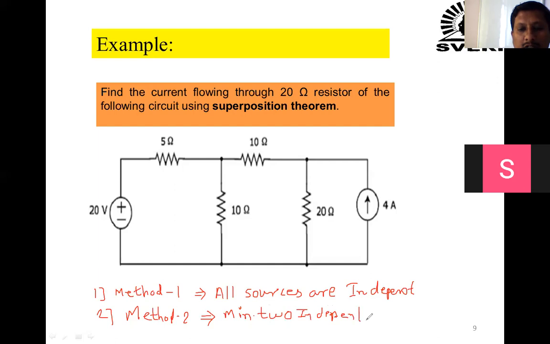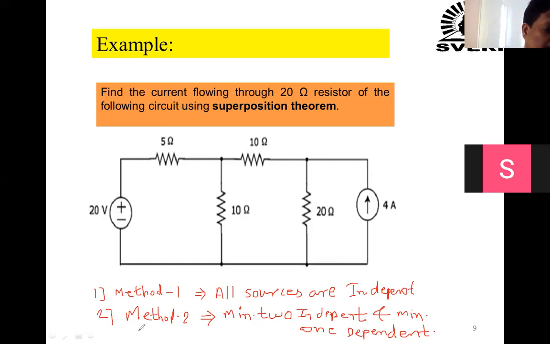Minimum 2 independent sources and minimum 1 dependent source. So the circuit should consist of minimum 2 independent sources and minimum one dependent source.